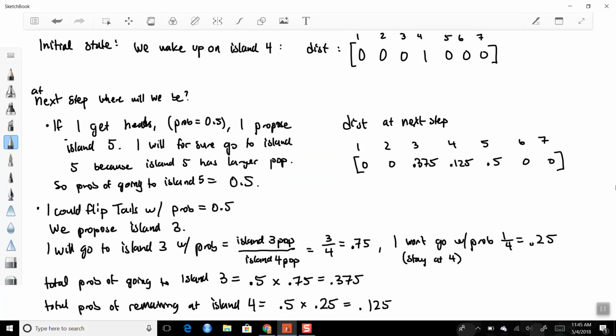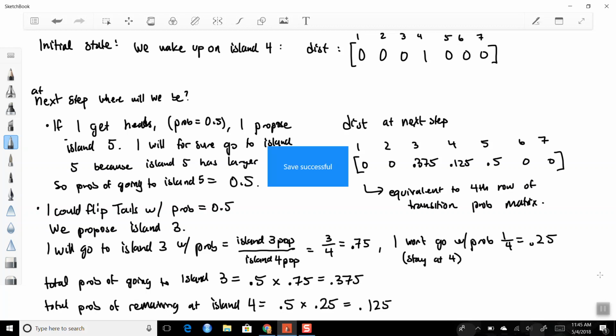And this row here is equivalent to the fourth row in our transition probability matrix, right? Is that okay?